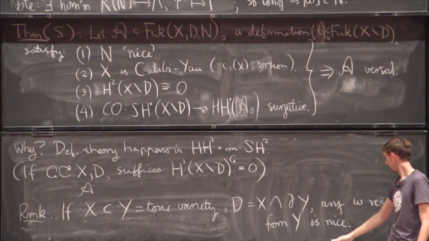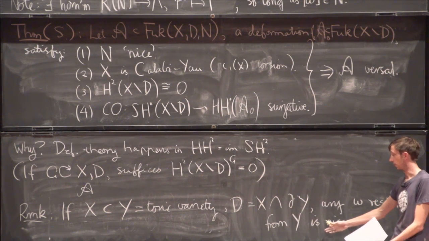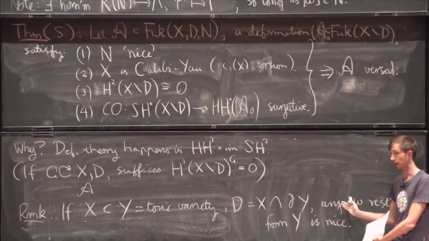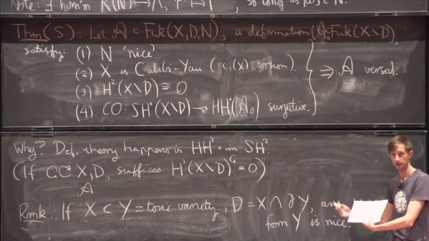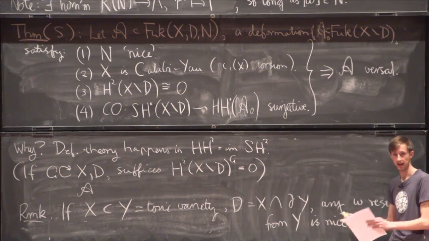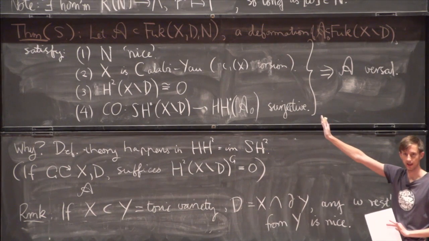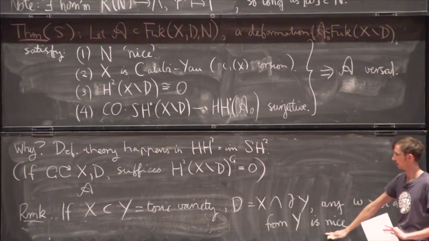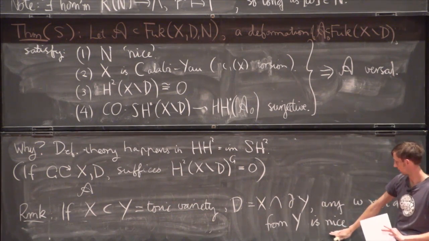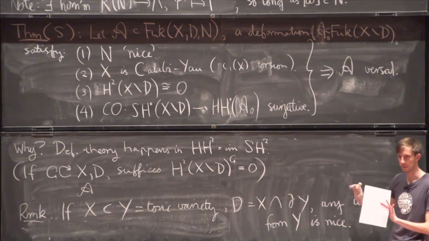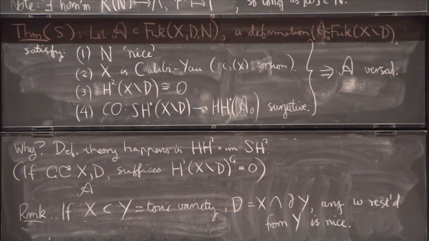And there could potentially be other relative Kähler forms on X relative to D, and I don't know how to check that they lie in a nice cone. So the applicability is somehow restricted to ambient toric Kähler forms.